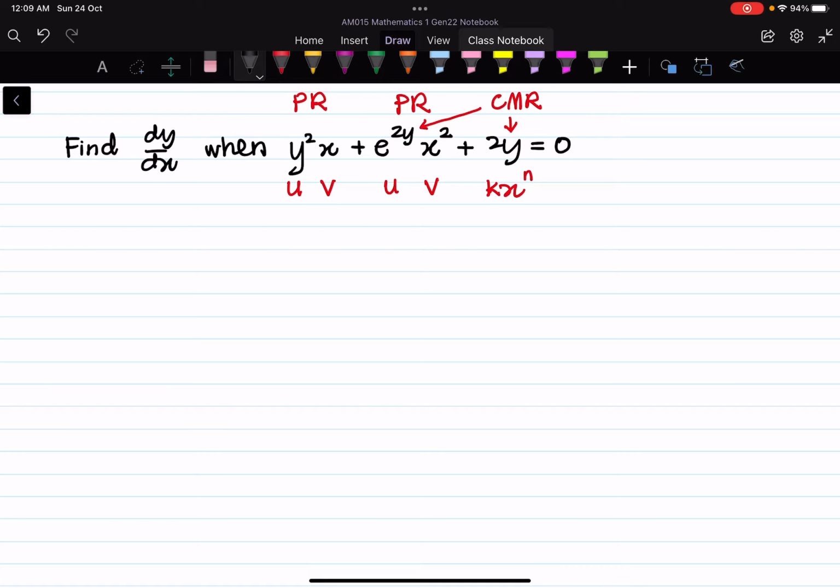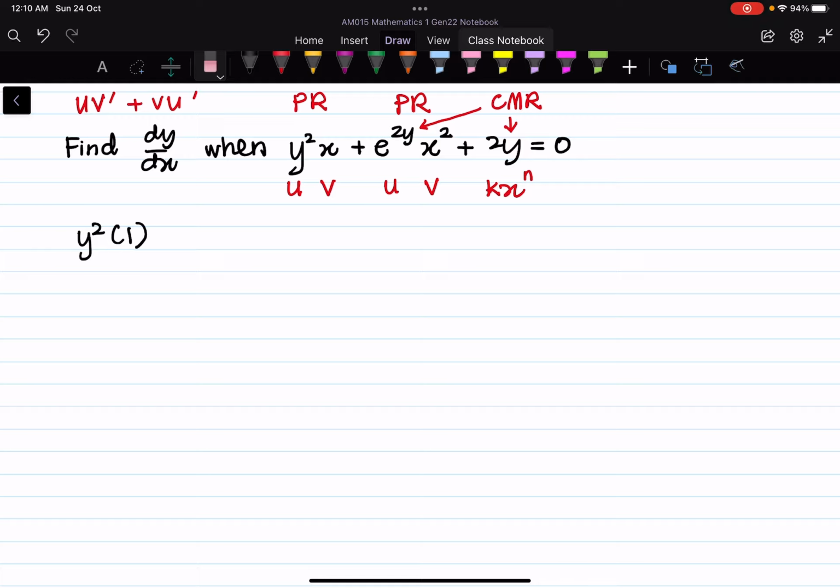We know that the product rule is u v prime plus v u prime. So for the first term, y squared x, our u is y squared, and if we differentiate our v with respect to x, which is x, we're going to get 1.